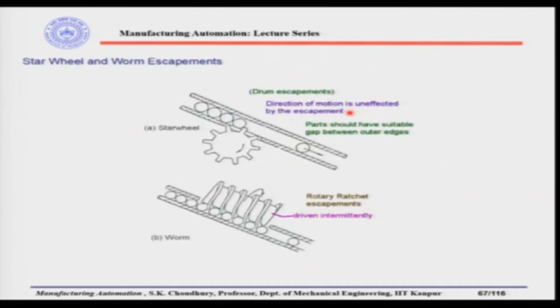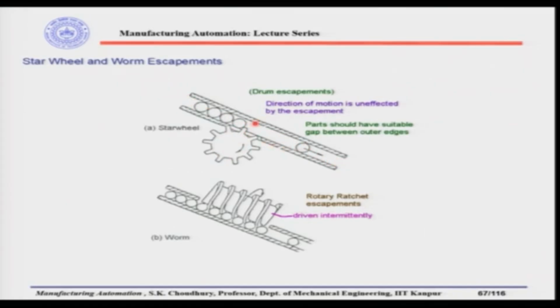Okay. Next is the star wheel and the worm escapements, and these are also given; the diagrams are here. You can see there is a star wheel here, and this is the feed track.